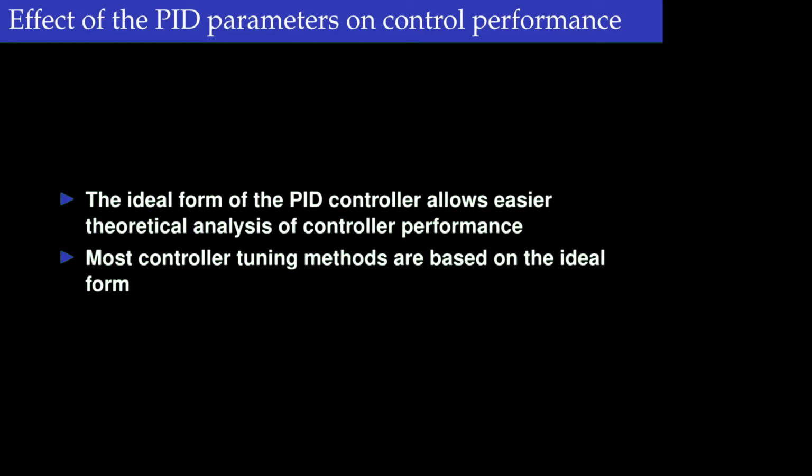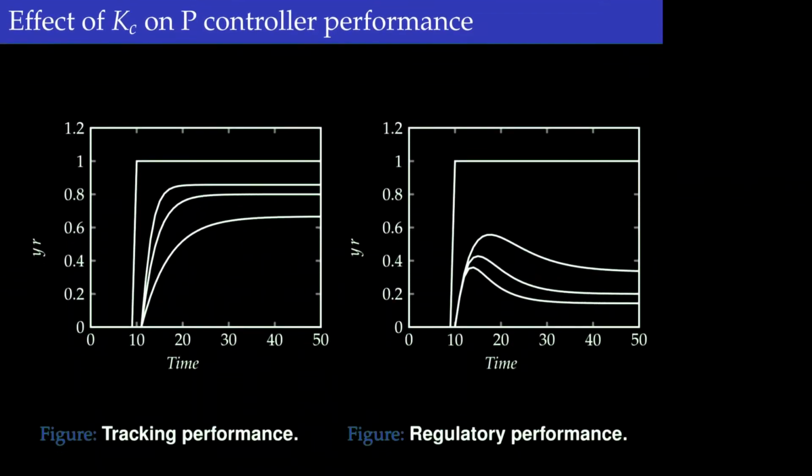Now to look at the effect of different parameters, first we look at the proportional only controller. Note that for the proportional only controller, there is only one tuning parameter, which is Kc. We look at two kinds of performance: the tracking performance and the regulatory performance. Just to recall, tracking performance refers to the performance of the controller in tracking the set point.